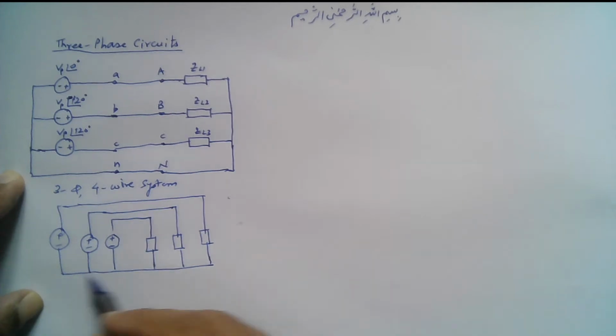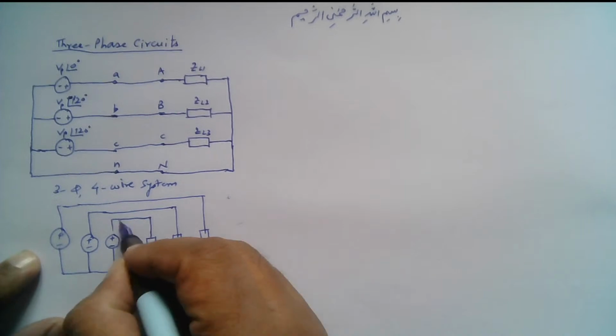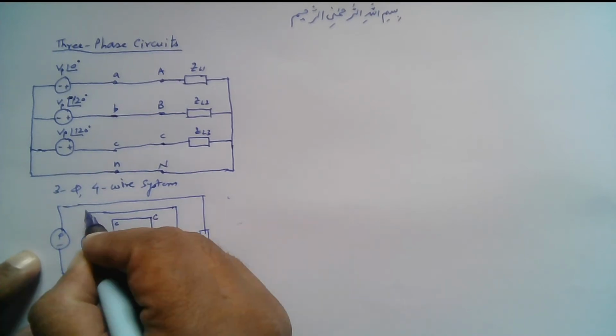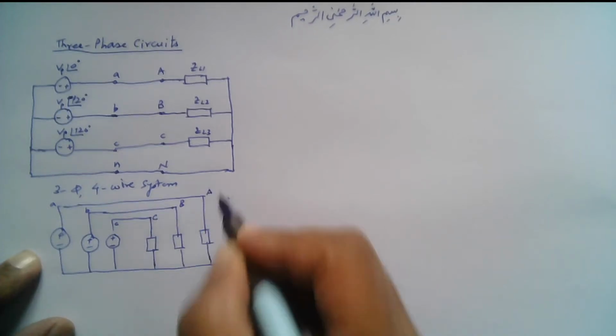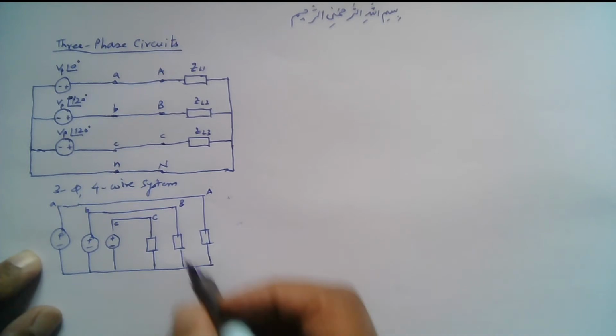So this is the same neutral wire here. So for example, this may be terminal C, and this capital C, this terminal may be B, this may be capital B, and this A and capital A, right? This again is another depiction of the same circuit here.